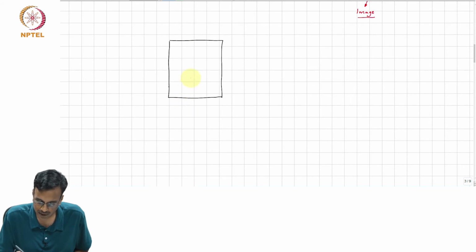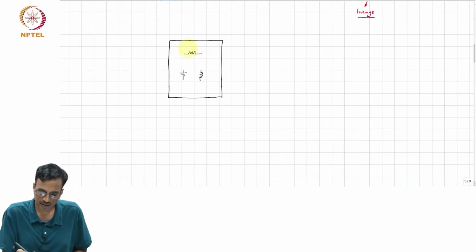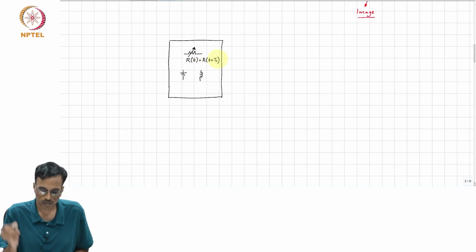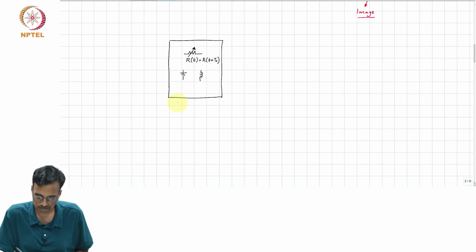So, let us say you have an LPTV network with resistors, inductors, capacitors, what have you, and the periodic time variance is happening because all the resistors are varying with a period Ts.